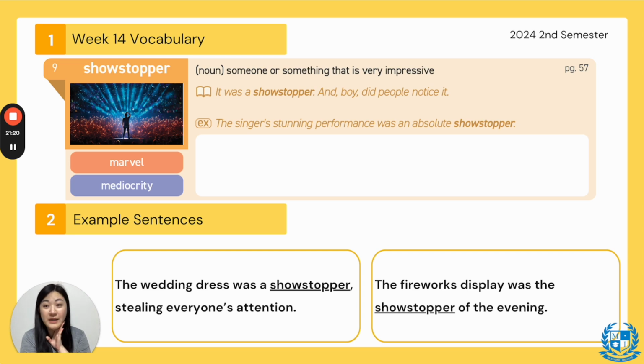It's so pretty. The next one, it says the fireworks display was the showstopper of the evening. So yes, when I'm recording right now, we did not have the fireworks show yet in Busan, but maybe when you're watching this, it has passed. But yes, awesome fireworks is a showstopper. Everyone just goes, wow, that's so impressive.